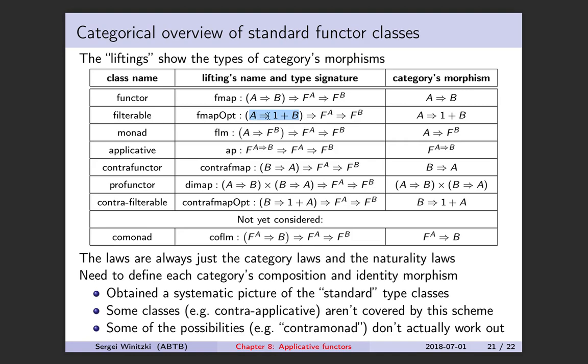For example, we composed a to b and b to c, and we got a to c. We composed a to 1 plus b, b to 1 plus c, and we got a to 1 plus c. We compose a to fb, b to fc, we get a to fc. We compose f of a to b and f of b to c, we get f of a to c, and so on. We compose functions of this type.